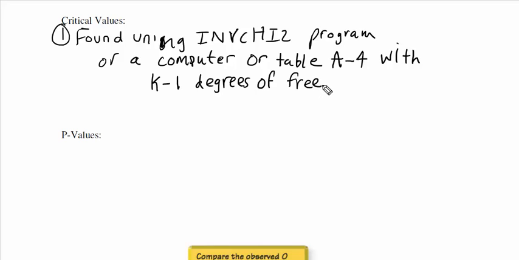All right, so this is the number of categories minus 1, not the number of trials minus 1.